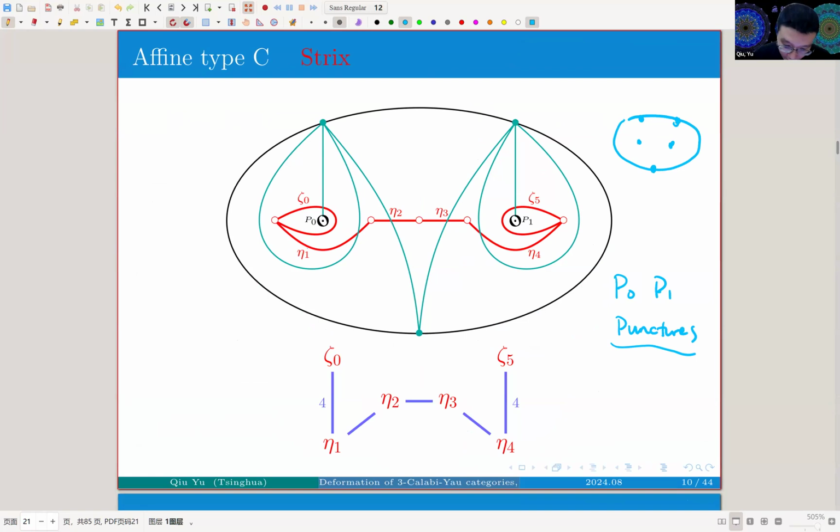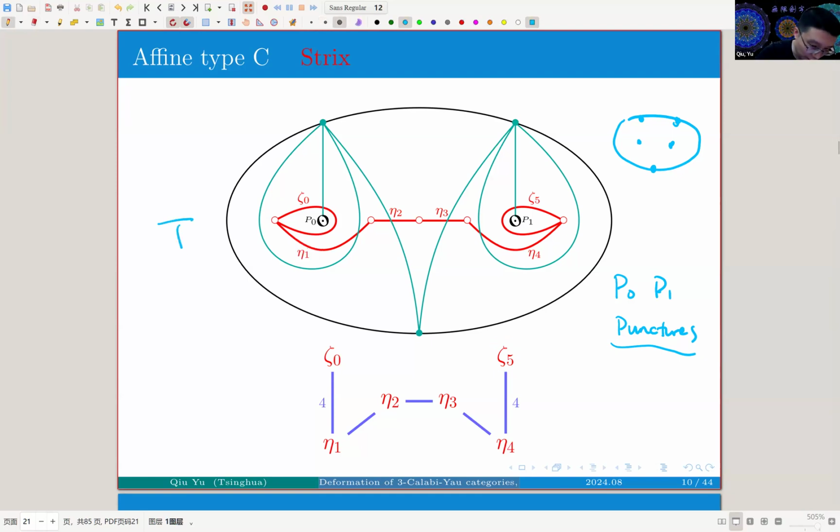We require that each triangle has a decoration, the point in each triangle. The green arcs form a triangulation, and the red arcs are the dual graph of the triangulation. Each arc in the dual graph corresponds to a vertex in the quiver.